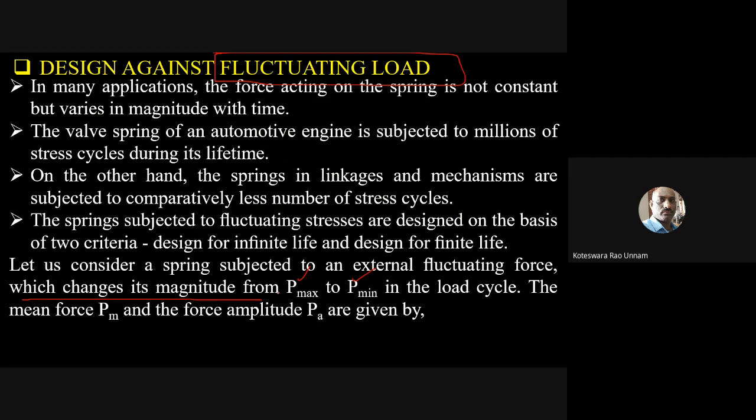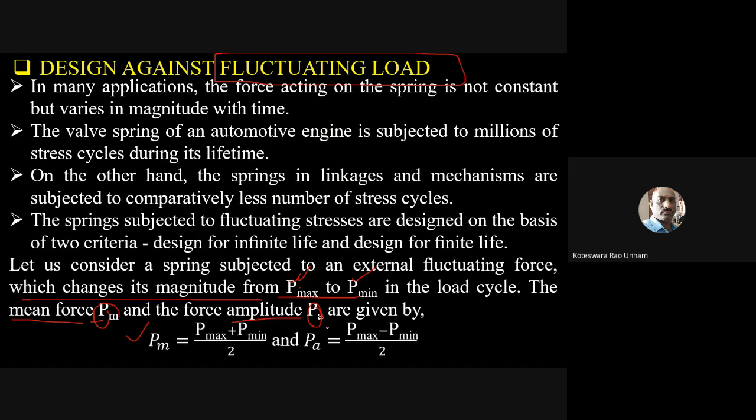Let us denote the highest value as P max and the lowest value as P minimum. From these you can calculate the mean force and the amplitude force, denoted by PM and PA. Mean force is the average of these two, that is P max plus P minimum by 2, and amplitude force is P max minus P minimum by 2.